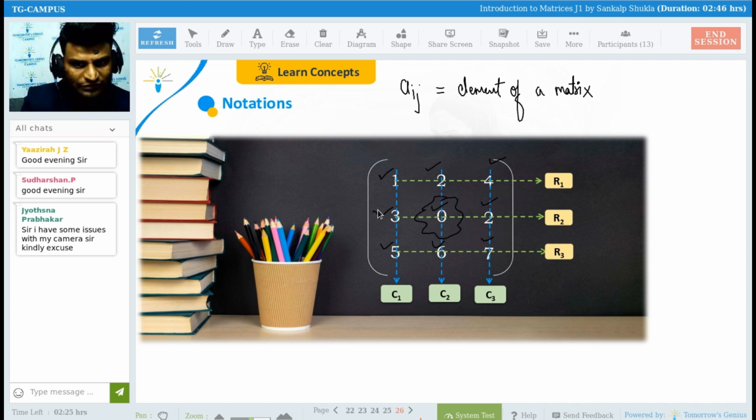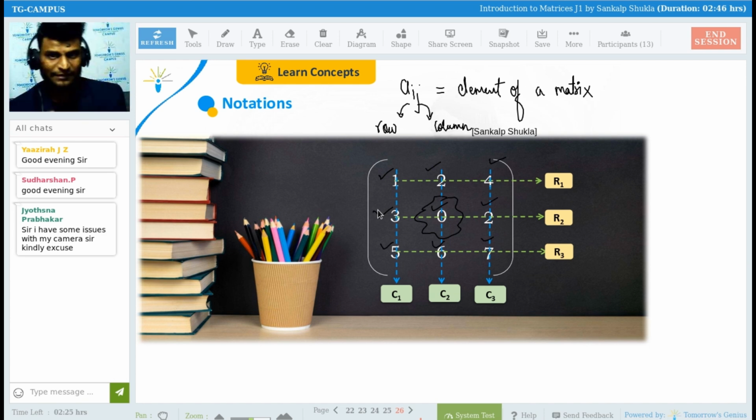How do I address it? I'll use this notation, A22, because I here represents row and J here represents column. For the element you are talking about, you have to know in which row the element is placed, and in which column the element is placed.